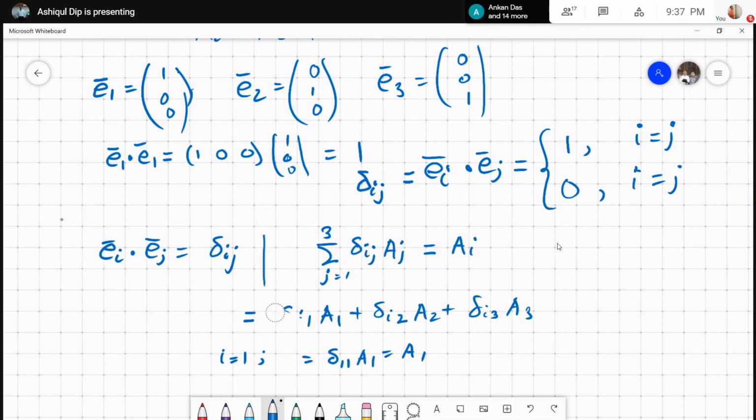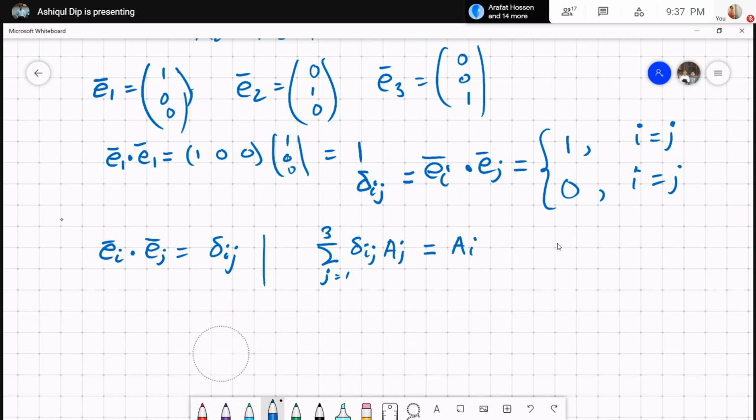Okay, another important thing we need to know right now is the sum over two Kronecker deltas. What happens with delta ij, delta jk, summed over j? I will get delta ik. Why? The same argument, right?